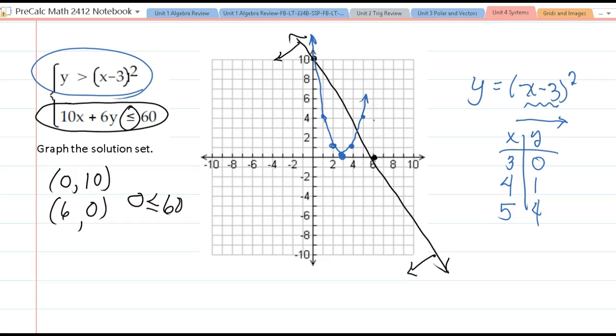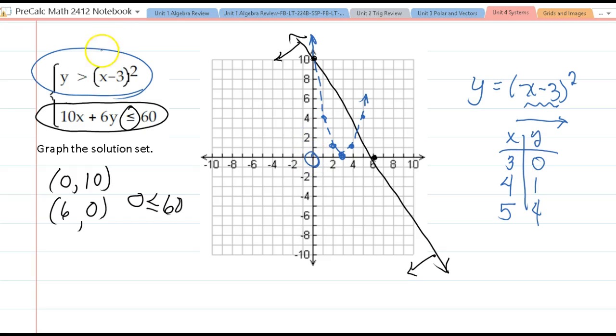And because it is less than and not an equal to, we actually need to make that dashed. So I'm going to go in here with my little eraser and make it dashed. Alright, now we're ready to test our points. Remember, we're testing into the original equation. I can test my origin, which is right here.